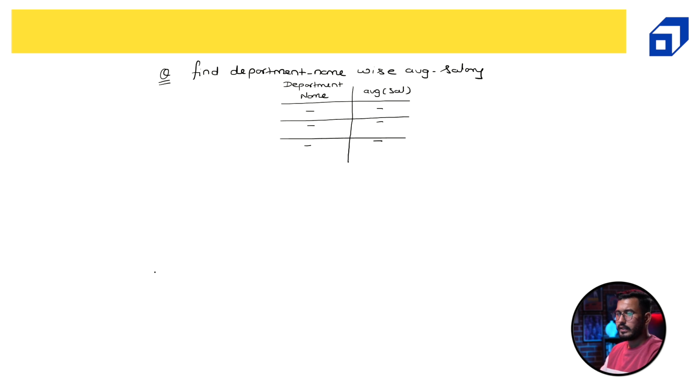Now, if you guys closely observe, this particular column, which is department name, is from the table department data. And this particular column, which is salary, is from the employees data table. So here in the output of this query, is having columns or fields from two different tables.